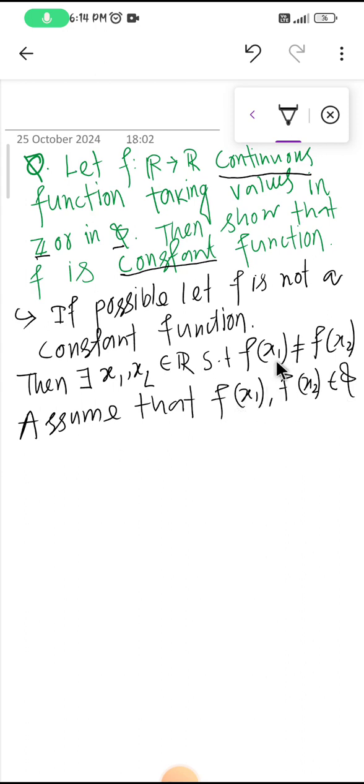And also f of x1 is not equal to f of x2, because the function is a non-constant function.